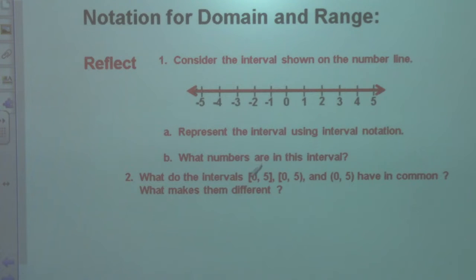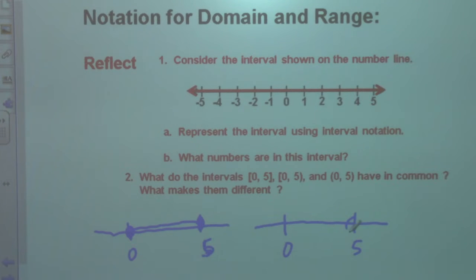And we talked about what those are. So this 0 to 5 would look something like this. That would look like this, right? Yes. And what would this next one look like? Open circle on the far right.